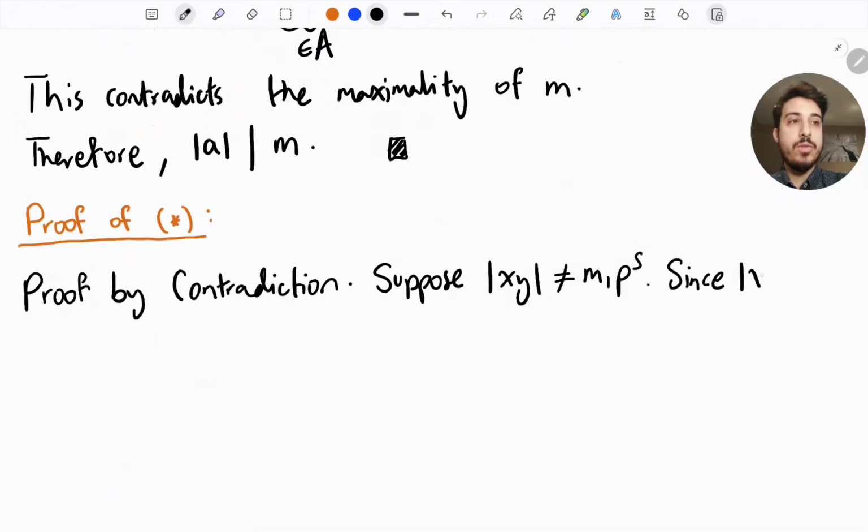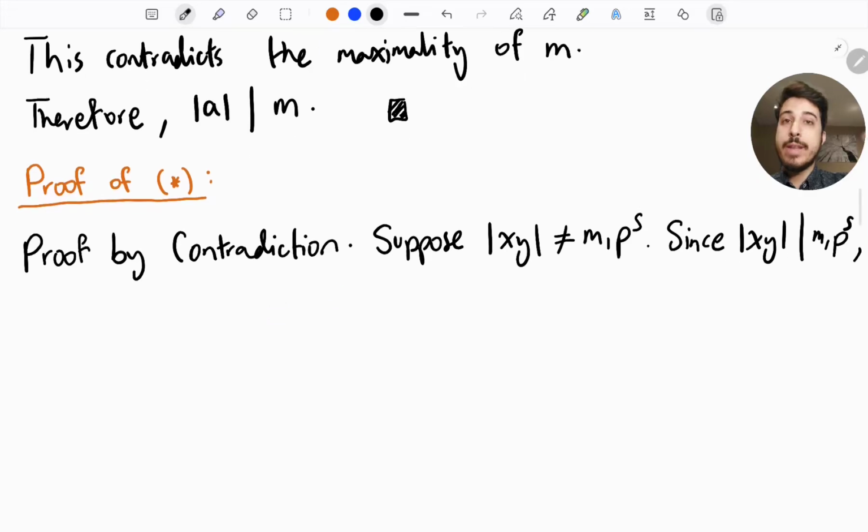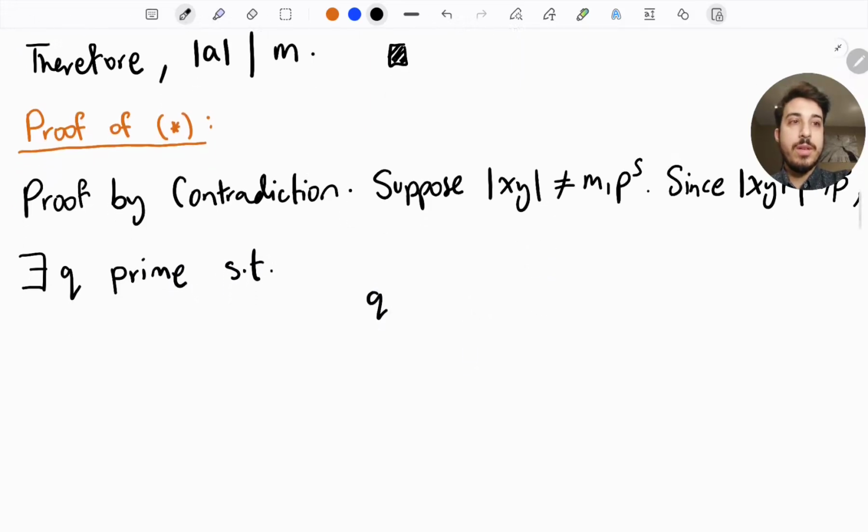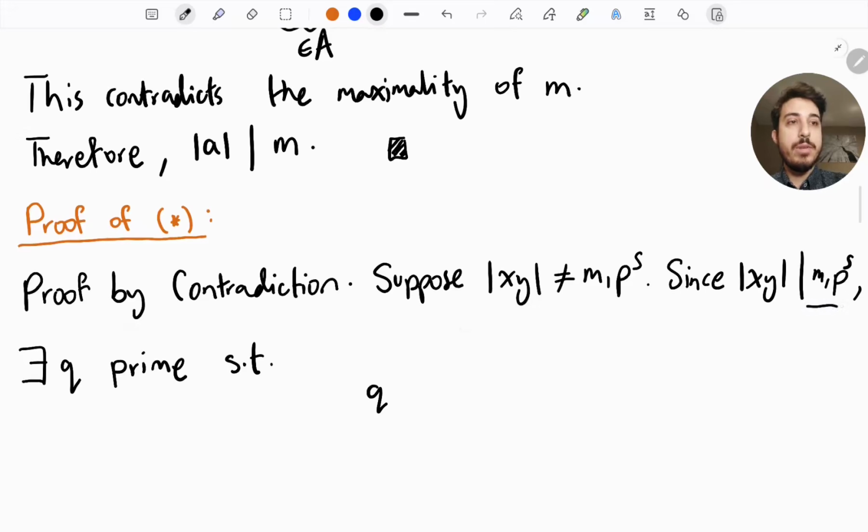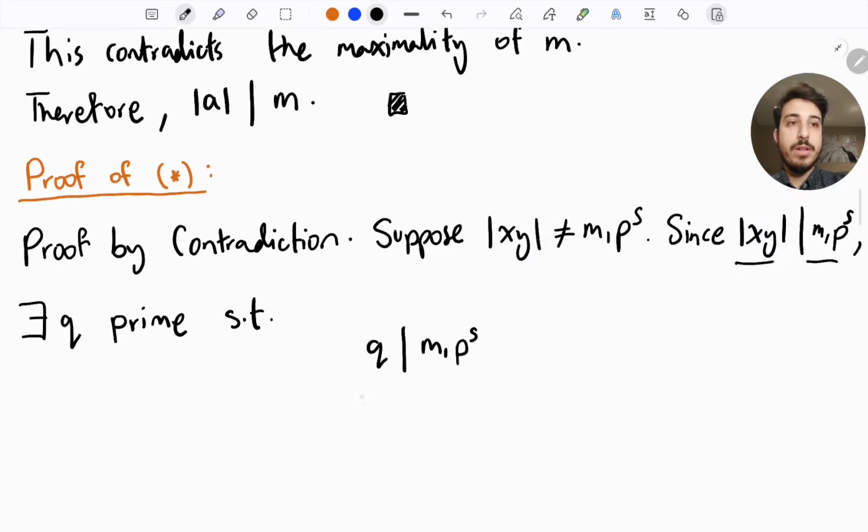If we combine these two facts, we will find that there exists a prime q such that q divides the bigger number and the smaller number divides the bigger number divided by q.